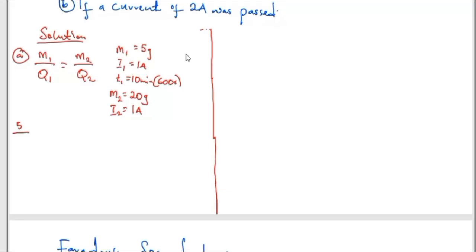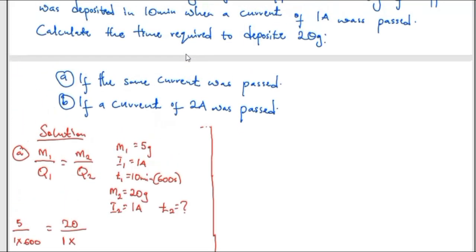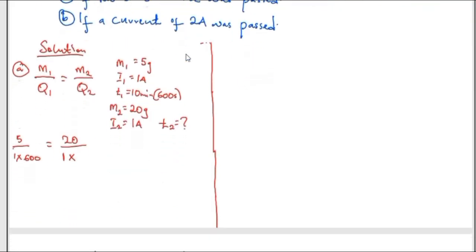So we have I1, which is 1 amp, times T1, which is 600 seconds, is equal to our M2, 20 all over I2, 1 amp, times what we are looking for, our T2. The question says, calculate the time required. So we are looking for our T2.